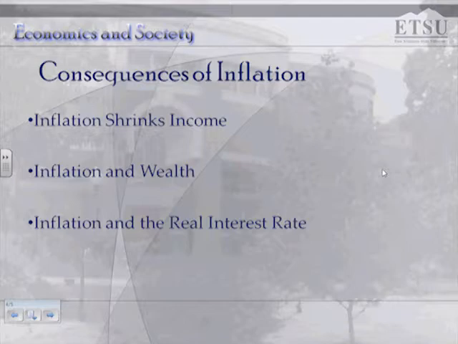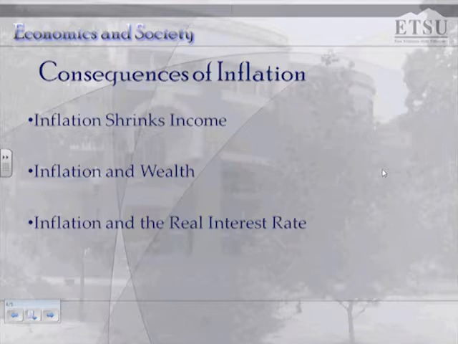If your nominal income, that is, the dollar amount of your paycheck, stays constant over time and the price level rises, we can ask, does that effectively make us richer or poorer? Are we better off or worse off?